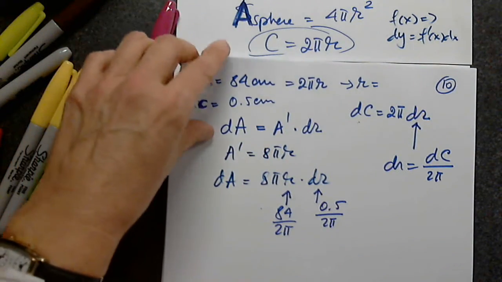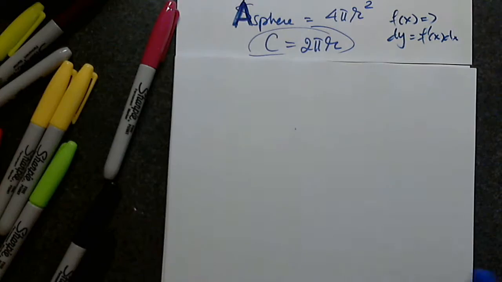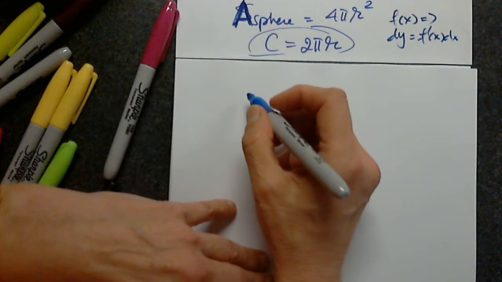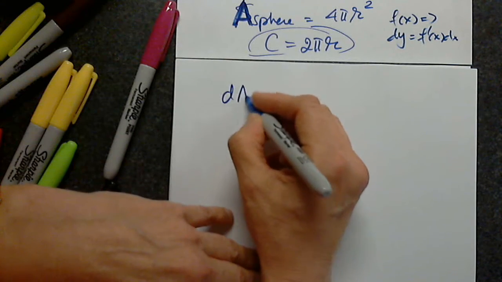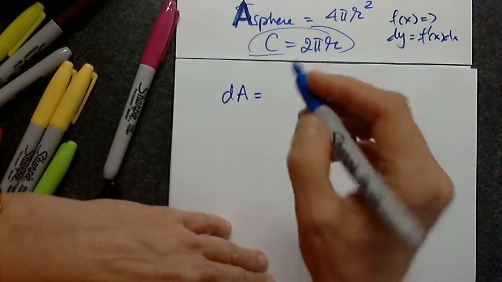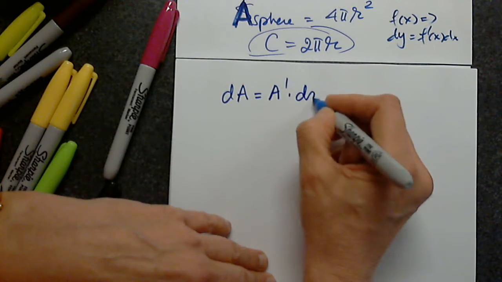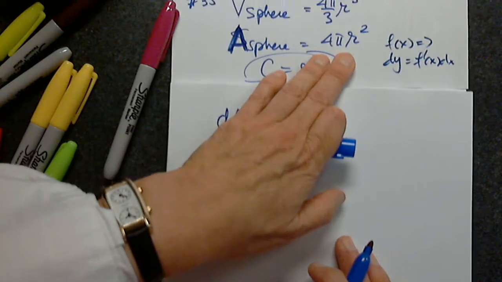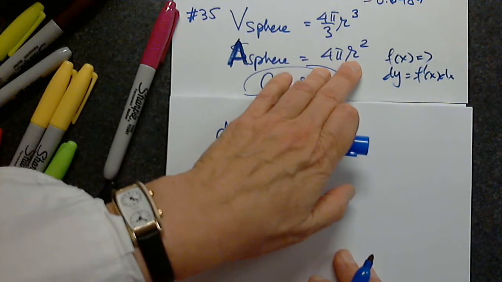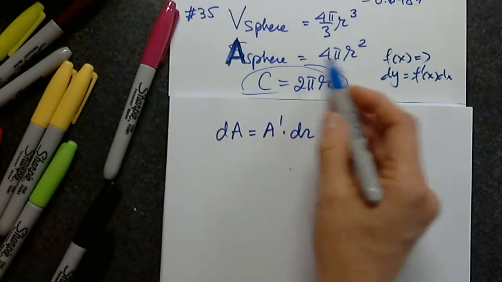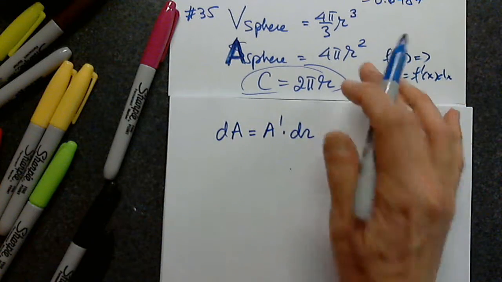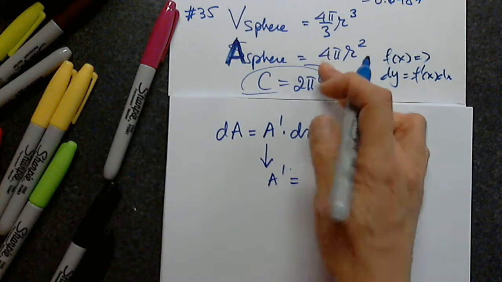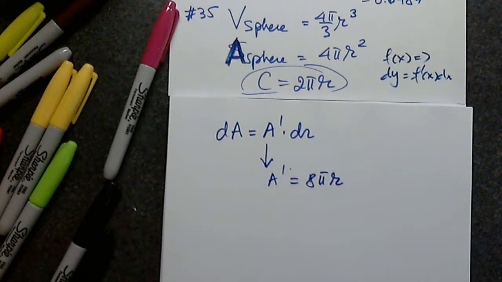Okay, so let me start from scratch so you're not confused by that, and I'll come back to it. In order to find the error in the area, I have to write A prime times dr. Why dr? Because the area only depends on the radius. When I differentiate this function with respect to r, A prime is 8 pi r.